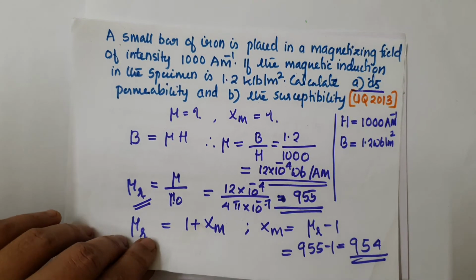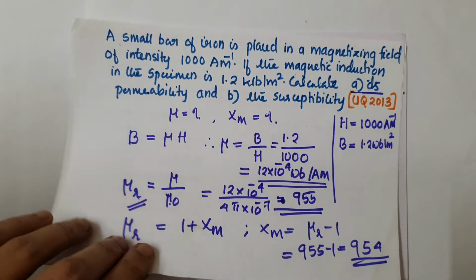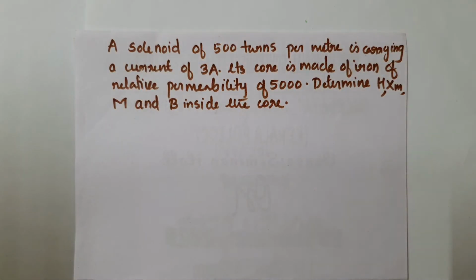And the second question is, a solenoid of 500 turns per meter is carrying a current of 3 ampere. Its core is made of iron of relative permeability of 5000.